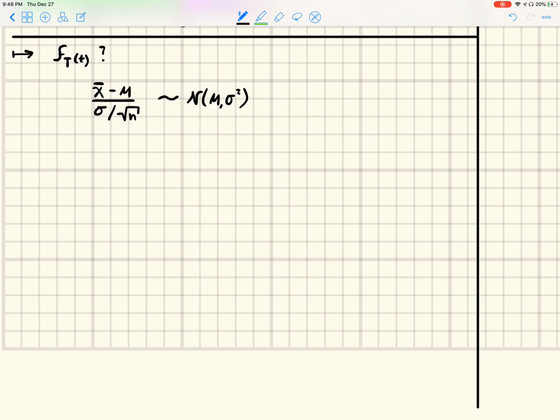the normal distribution. And the question is, what happens when we replace our sigma, which is the real population variance, with the sample variance, S sub n. That is going to give us the so-called t statistic, and that's defined to be merely this value.